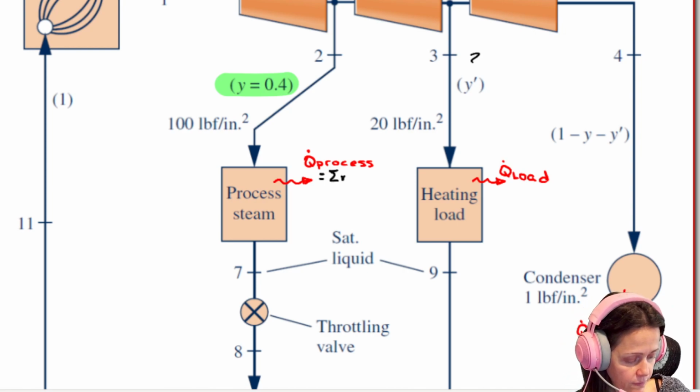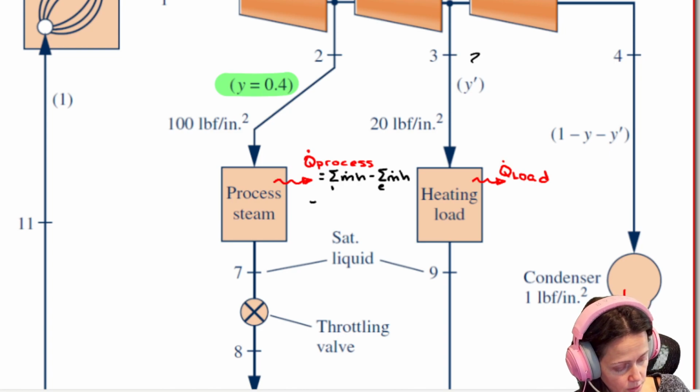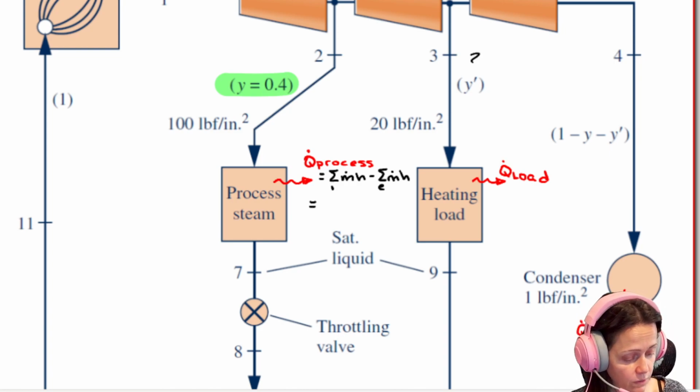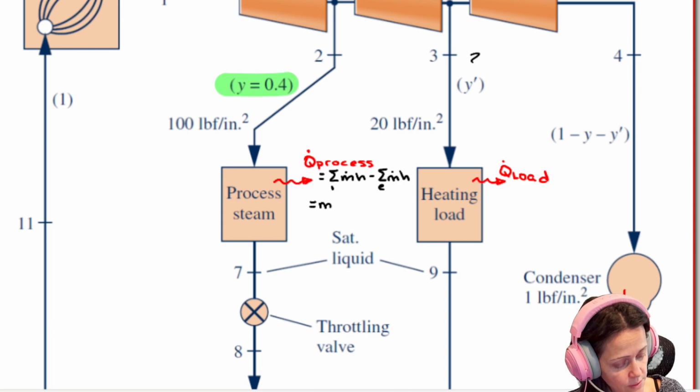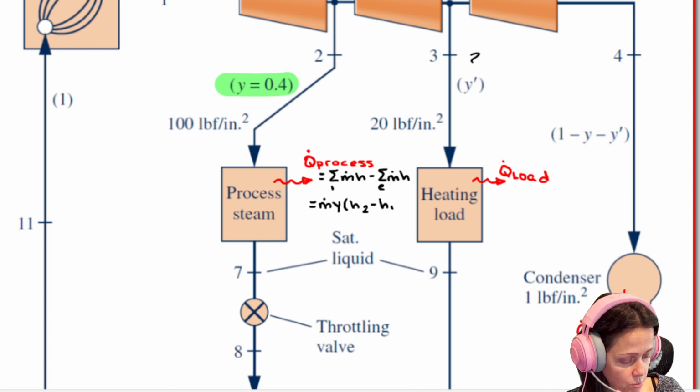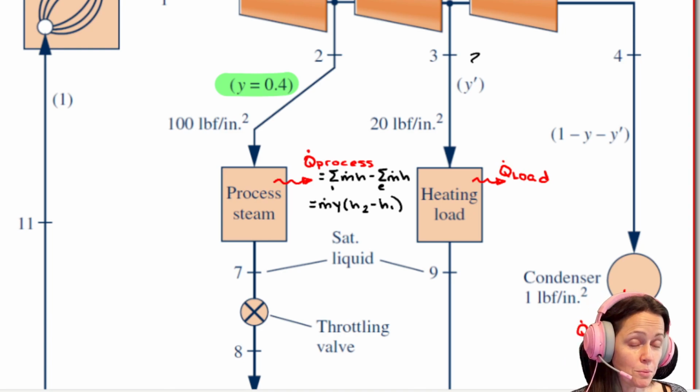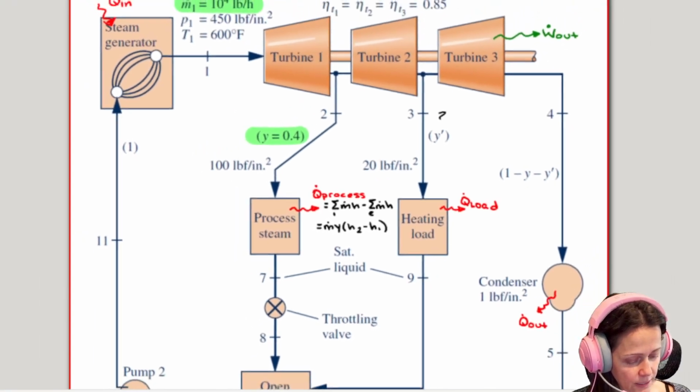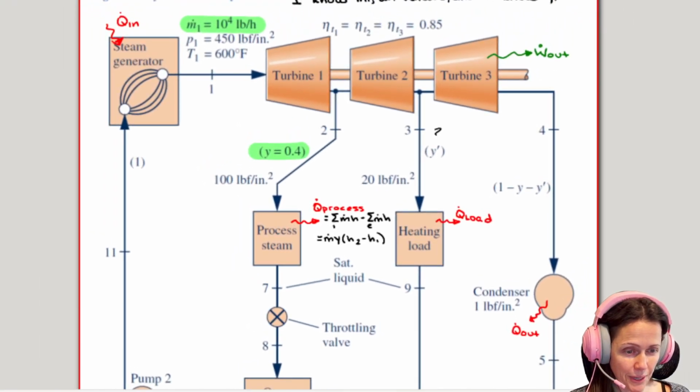So I have in minus out. And it's going to be a fraction of everything, right? This is going to be m dot times y times h2 minus h1. And presumably I have all of those values. In fact, I'm going to go ahead and write in values right now, okay?